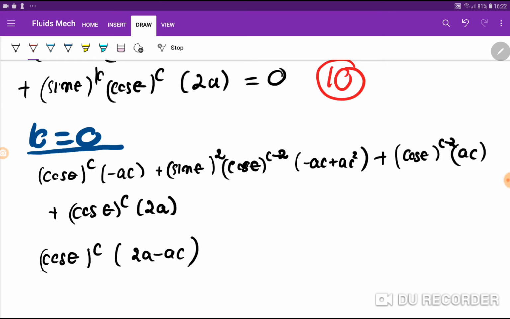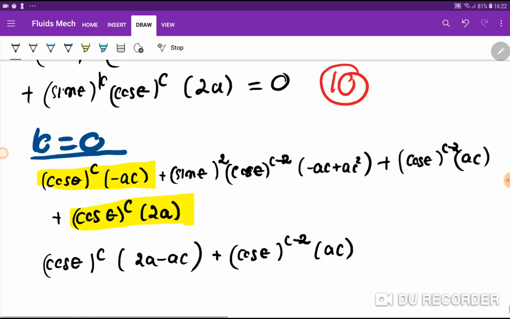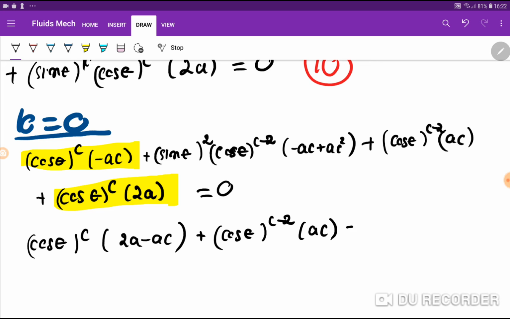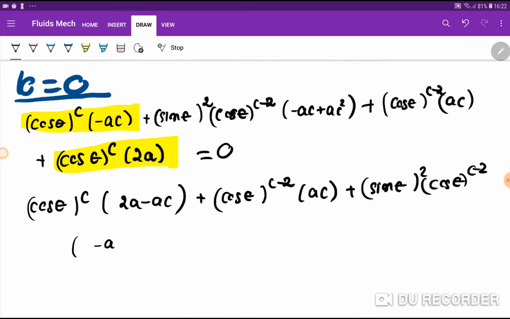The goal is to set it equal to 0, because equation 10 is equal to 0. So cos theta to the power of c times 2a minus ac, plus sine theta to the power of 2 cos theta to the power of c minus 2 times negative ac plus ac squared, equals 0.